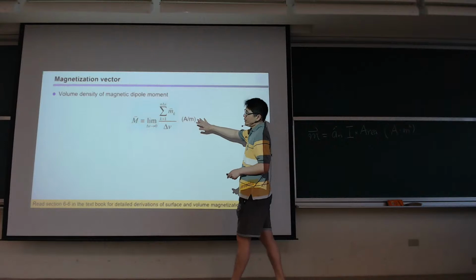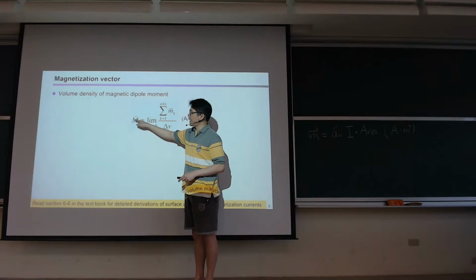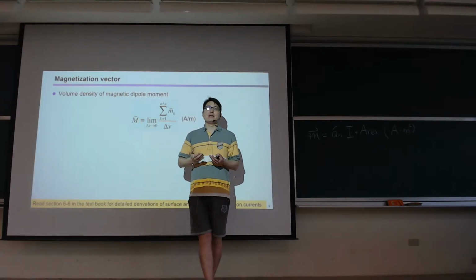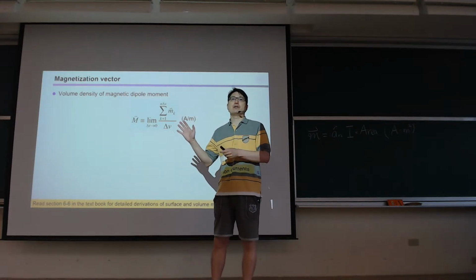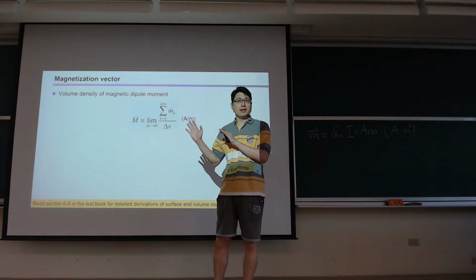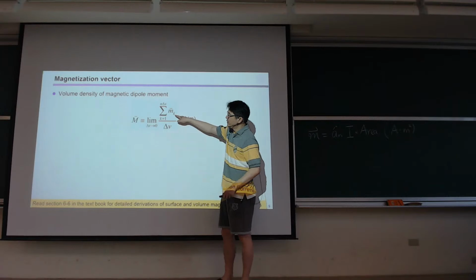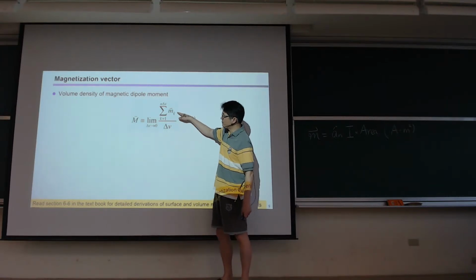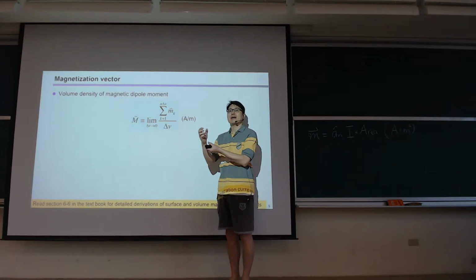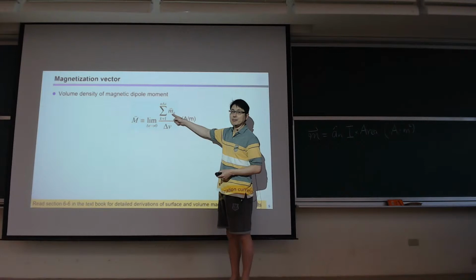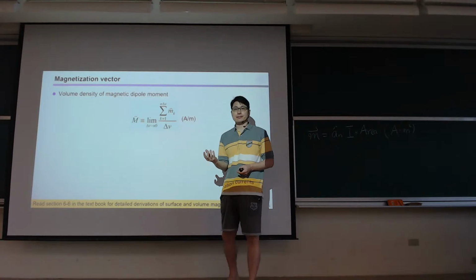All right, so now we introduce a new terminology, the capitalized M factor, called the magnetization factor. It's very similar to the polarization factor in dielectrics. So in magnetic materials, if you have the capability to induce magnetic dipole moments, we are only trying to count how many magnetic dipole moments are there within a very small volume.